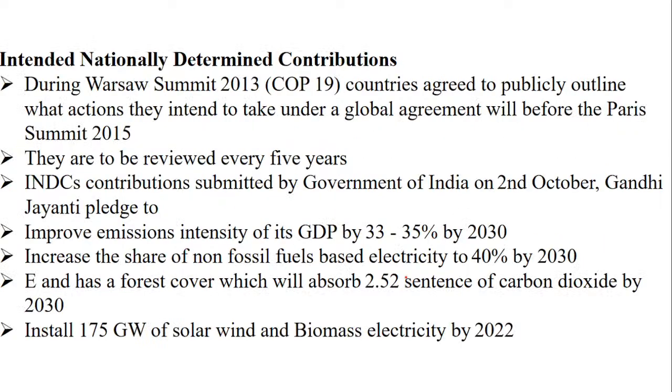Is it clear? Okay. Now, this is the same thing which I repeated 2 days back. Same thing I'm repeating now, because we had one of the questions in which these points were added. Basically, it was formed under a global agreement before the Paris Summit, which is reviewed after every 5 years.